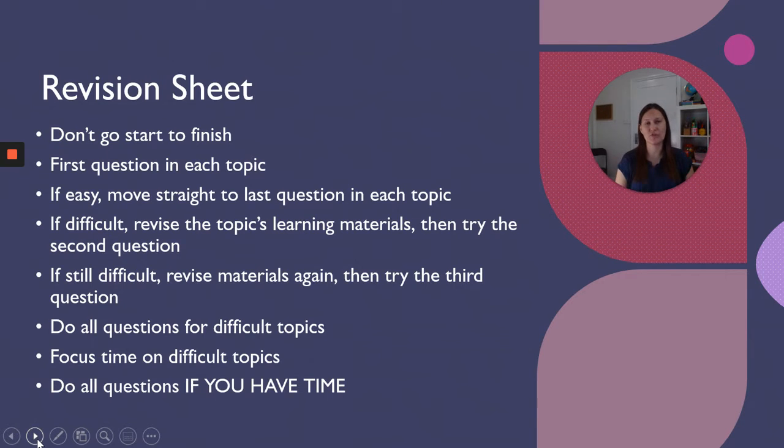If the first question is tricky, that is a little flag to you, a little sign that you need to go back and revise the learning materials on that topic before you try any more revision materials on that topic. Otherwise, you might plow on through the revision questions without really understanding how to get any of the answers, and then you're not revising.